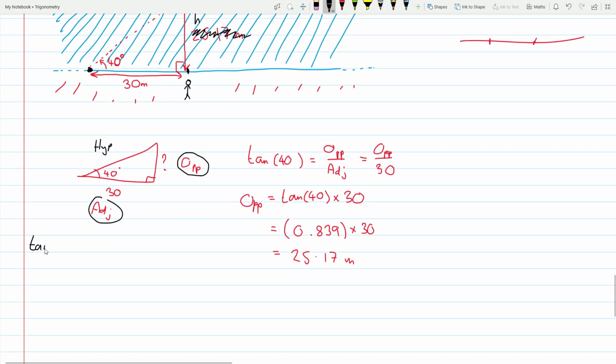And we just happen to have a trigonometric function that has a relationship between the opposite, the adjacent, and the angle, right? This is the definition of the tangent function.